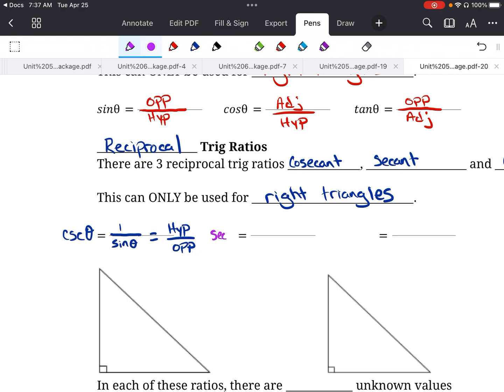Secant theta is 1 over cos, and again we flip upside down, so this is hypotenuse divided by adjacent. And cotangent theta is 1 over tangent, or adjacent over opposite.